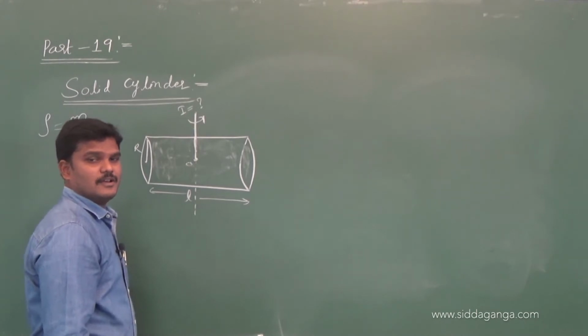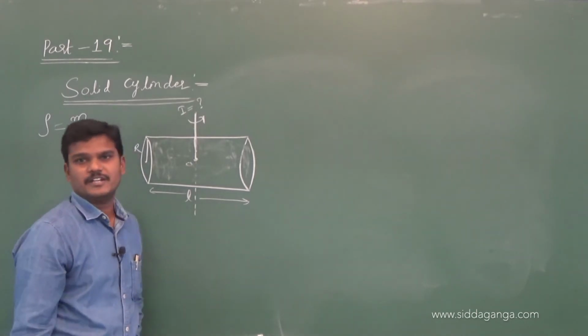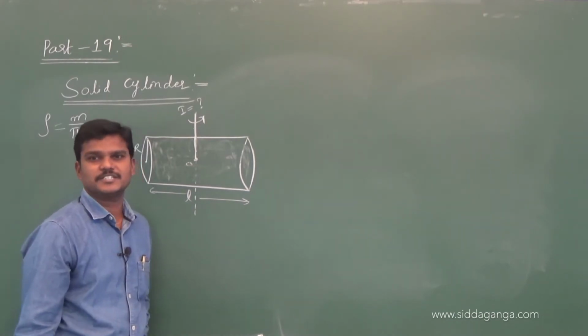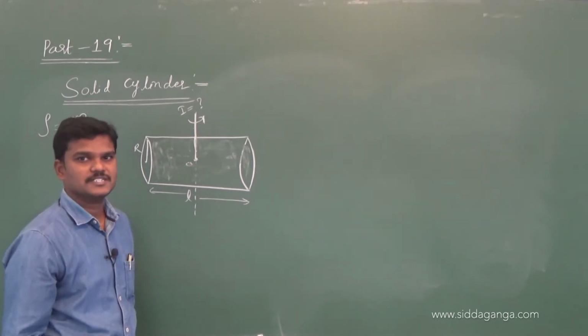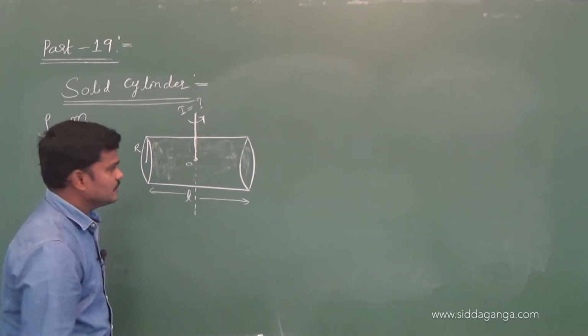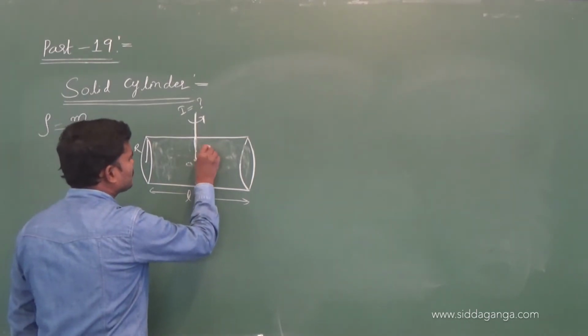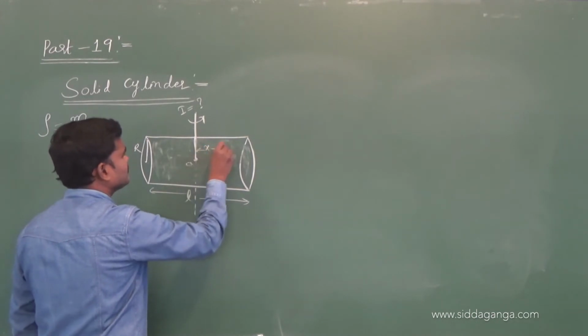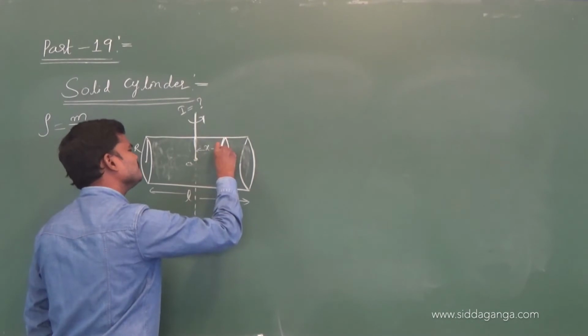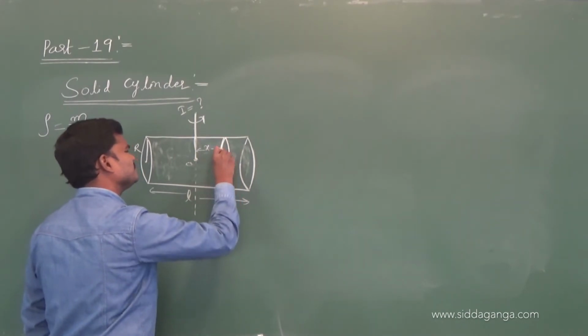To find this, again you can go for a small part and apply the integration with proper limits. Let us see at what distance we have to take the small part. Let me take it at a distance of x.